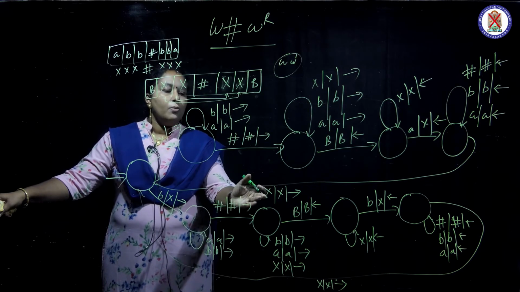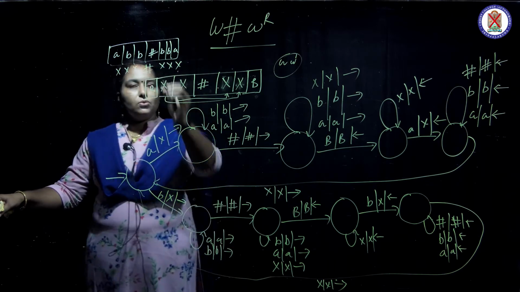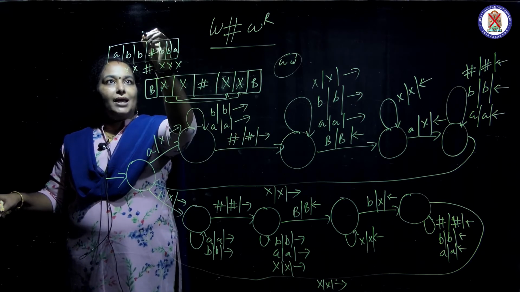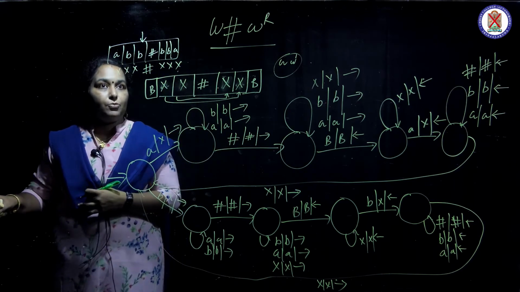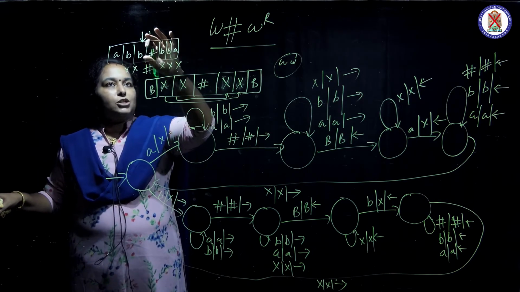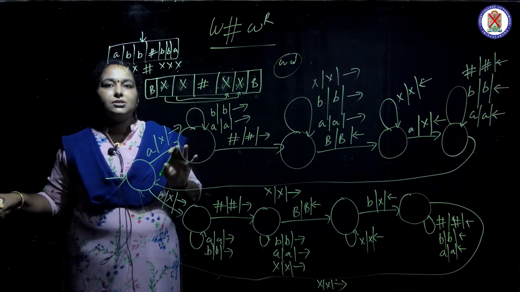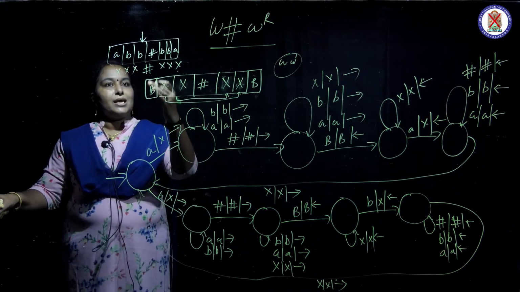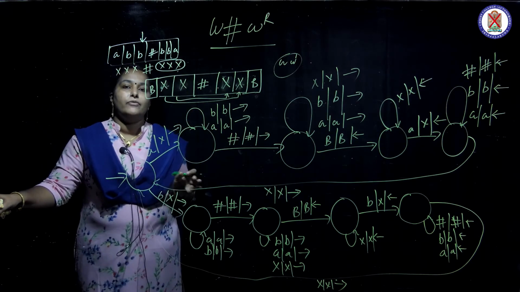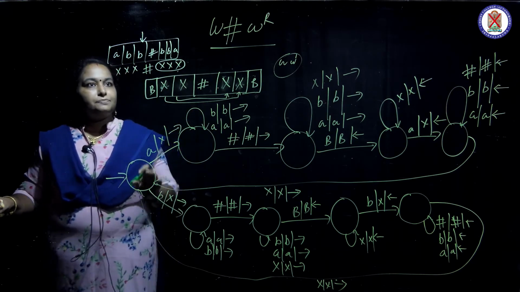Okay, so the first X will be taken, so every time the pointer will be before the hash, before the hash pointer, first X will be there. So next X, if it is correctly matched, after that it will have only X's, isn't it?